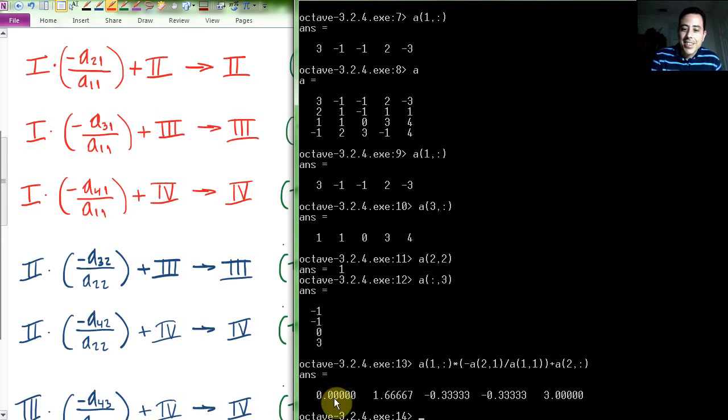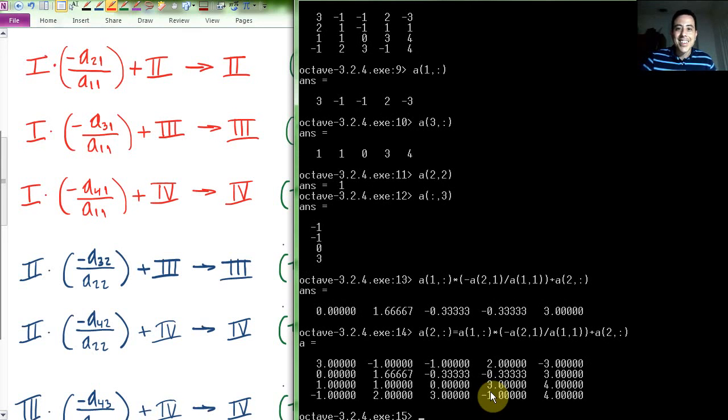That's the second row, that's the operation that gives you. But we have to put it in row 2. So what we can do here, I do row 2 equals that. Okay, so it's pretty simple.